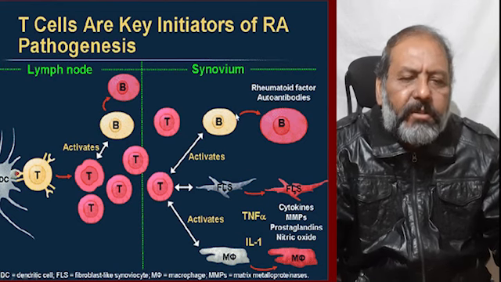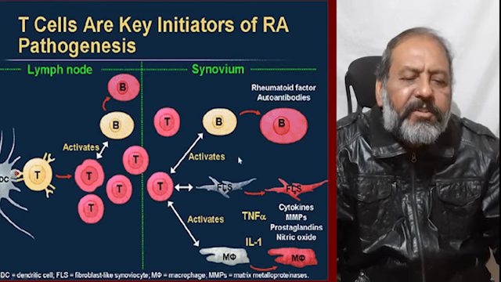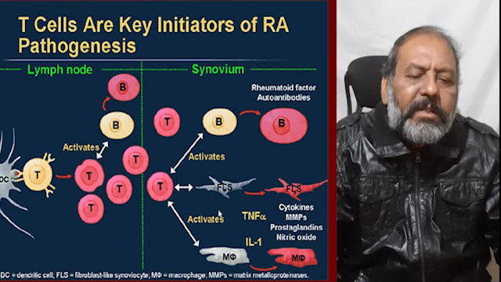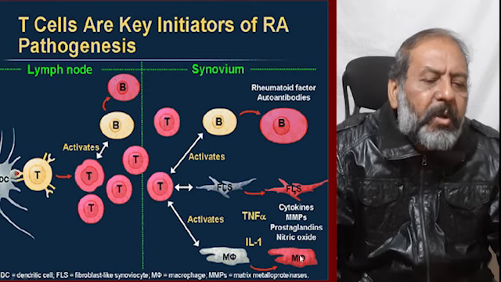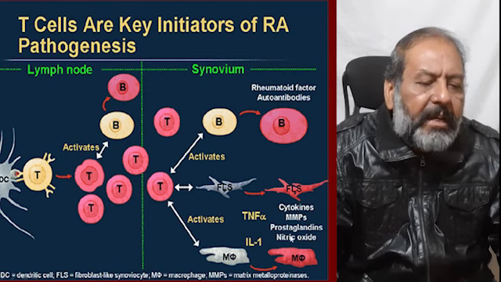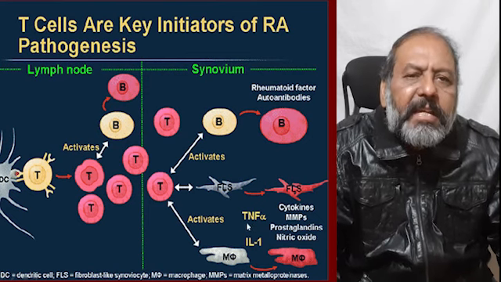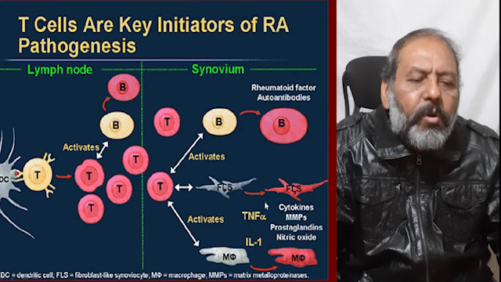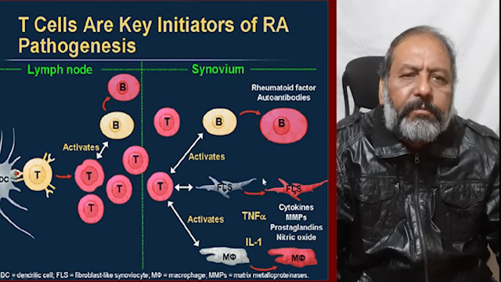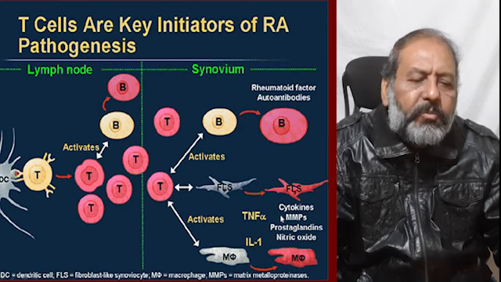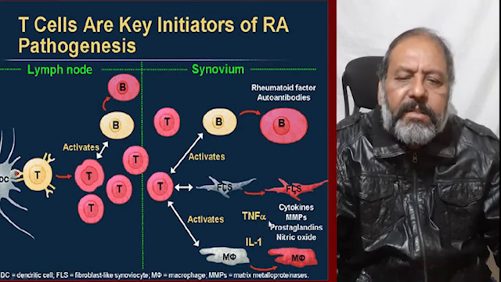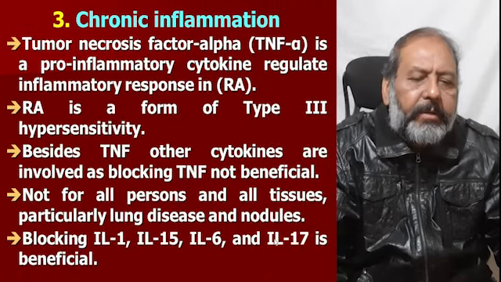All these cells which have been produced by the activation are able to release certain cytokines, MMPs, prostaglandins, and nitric oxide, but mainly it is TNF-alpha, tumor necrosis factor alpha, and IL-1, which are responsible for causing most of the destruction in case of rheumatoid arthritis. Other cytokines are also responsible, but mainly it is the TNF and IL-1.